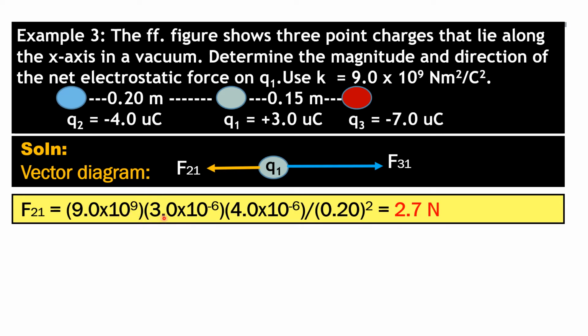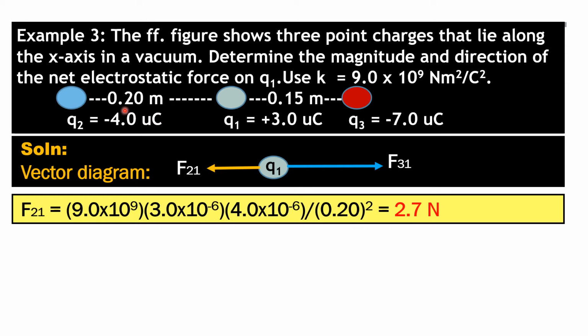And the value for Q1 is 3.0 times 10 to the negative 6, because microcoulomb is 10 to the negative 6 coulomb. That for Q2, of course, is 4.0 times 10 to the negative 6 coulomb, all over the square of the distance between Q1 and Q2.